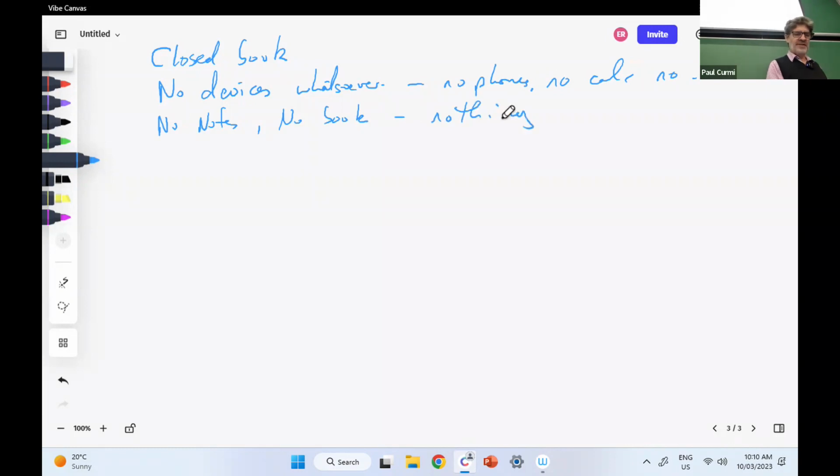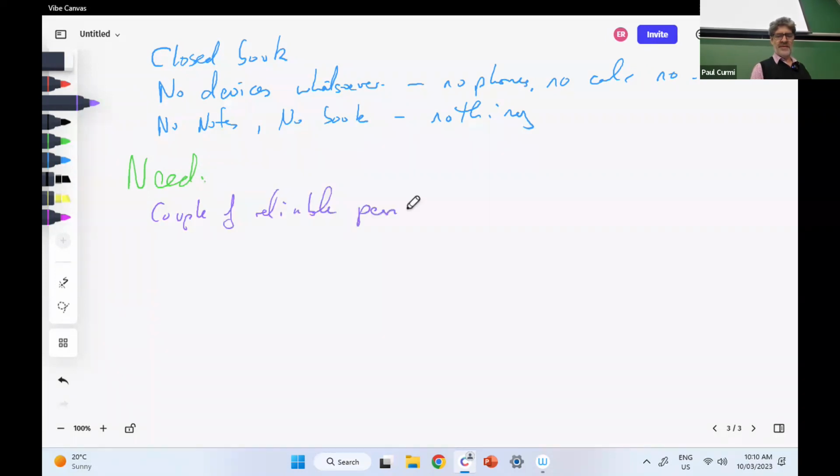Okay, so what you need is a couple of reliable pens, pencils, eraser, ruler if you want. That's all you can bring into the exam.